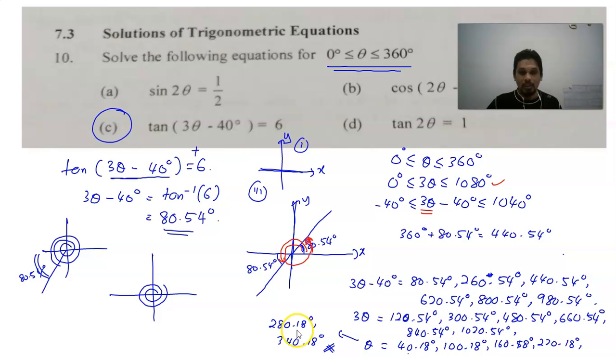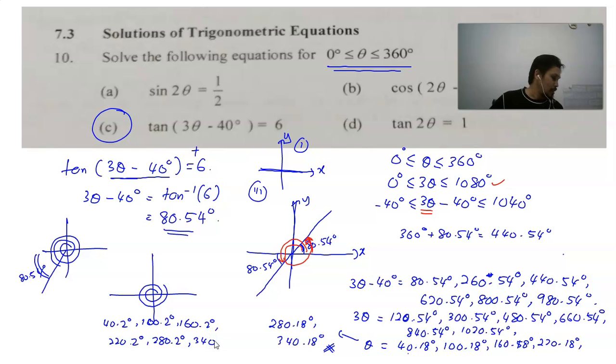Okay, the final answers given in your tutorial book, they come up with one decimal place here. It means that it all ends up with 40.2 degree, 100.2 degree, 160.2 degree, then 220.2 degree, 280.2 degree, and 340.2 degree.